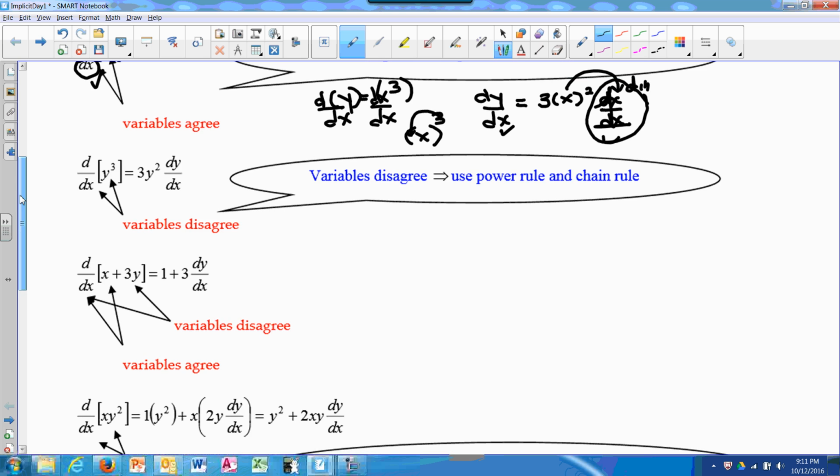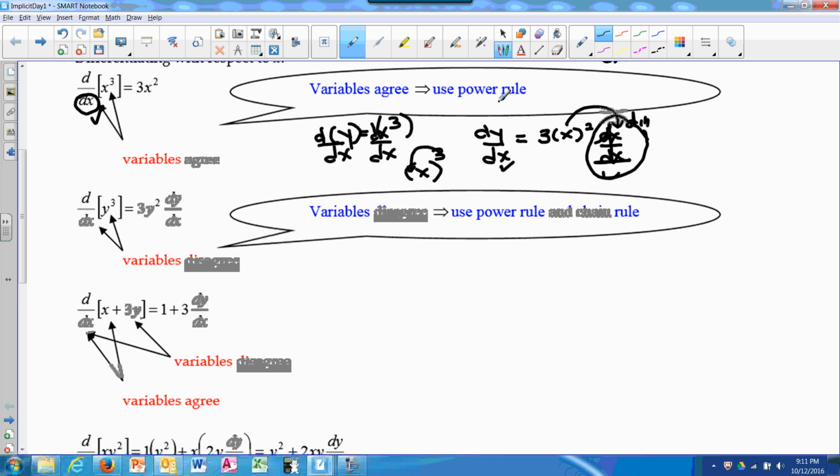That means that when I take the derivative using the power rule, I'm not going to have a dx. What I have to think about here is that y is really a function of x. So if I have a y cubed, I really have the function of x being cubed. I just haven't solved for the function of x. I don't know what it is.